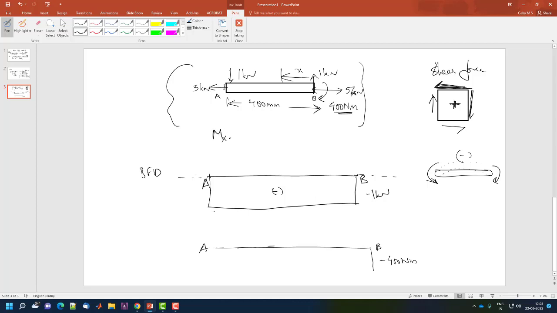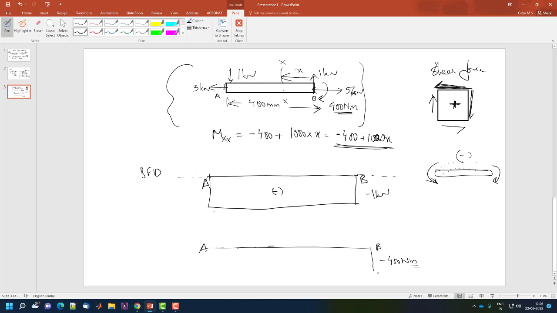Any section at distance x from B will have a bending moment of minus 400 already there, and the 1 kilonewton is in a sagging direction. Since I have written this unit in Newton, 1 kilonewton is 1000 Newton into x. So this is minus 400 plus 1000 x, and this x has to be in meter.